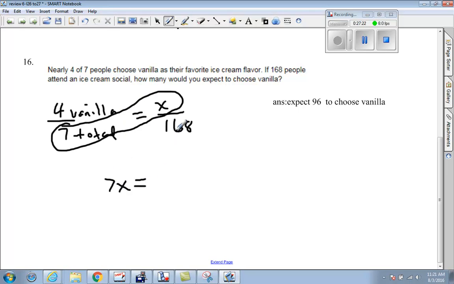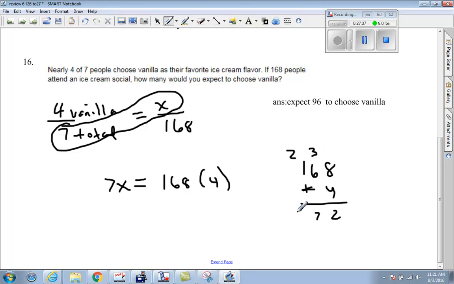So 7x equals whatever 168 times 4 is. And we can do that off on the side. So it's 672. And then divide both sides by 7 to solve for x.